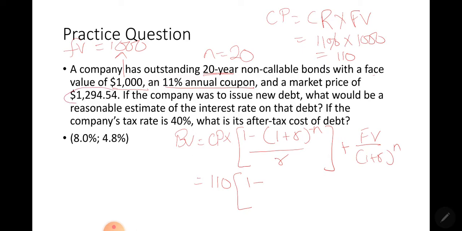And this is the market price. So this is the bond value. The bond value is 1294.54. You do not know what the R is. The R is your RD, the before-tax cost of debt. 1 plus, you do not know what this is, and N is 20, minus 20.